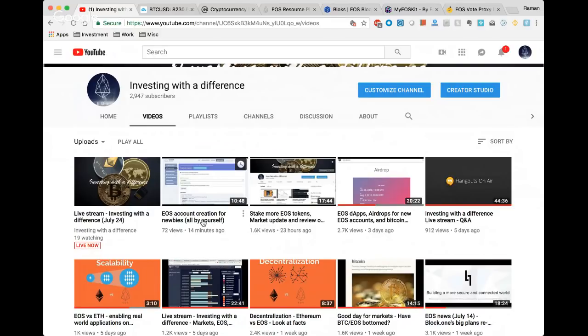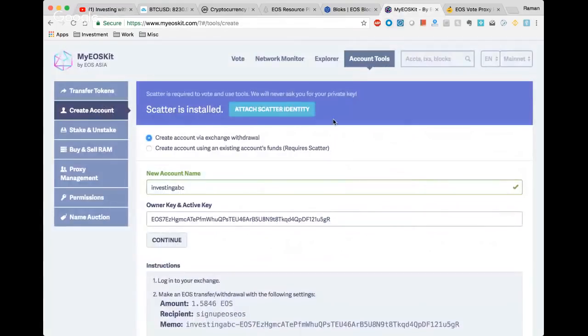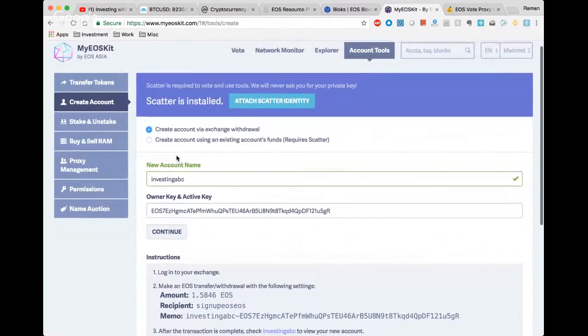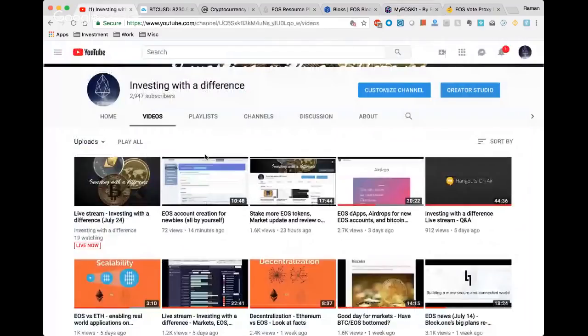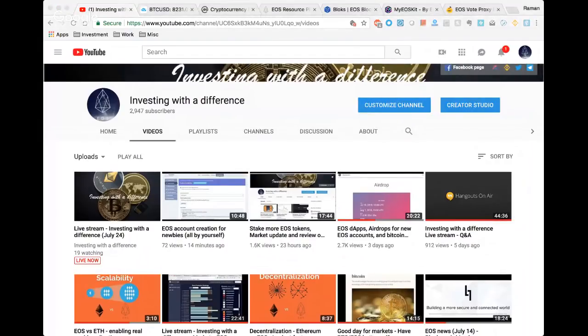And that's a great tool created by My EOS Kit, which is by EOS Asia. I think this is a great thing to get started with. So do use this tool if you are looking to create more accounts, even if you already have one account. But for newbies, I think this is very important to follow. So I think this is great.